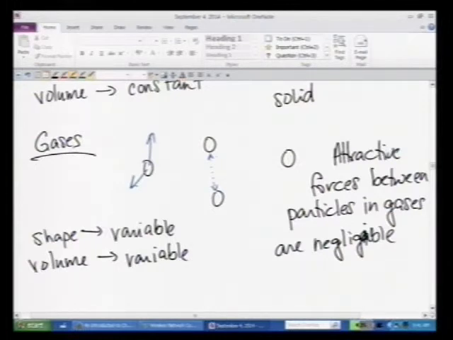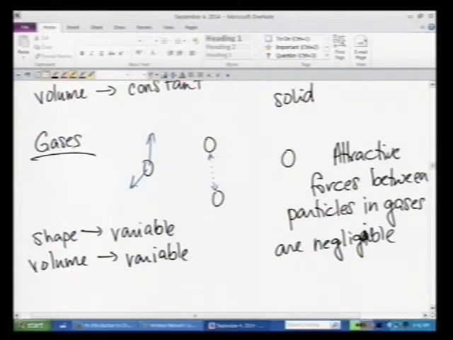We add energy, those particles are moving with a higher velocity, and they are able to break apart from their neighbors, to overcome the attractive force and become a liquid. Same with a gas. We add yet more energy to the water. The particles have more energy, more freedom of movement, they're moving at a higher velocity, and they can overcome the attractive forces in the liquid to become a gas.